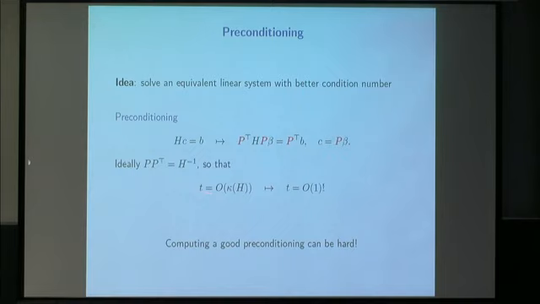Ideally, assume that we choose the matrix P such that PP transpose is equal to the inverse of H. When you solve this linear system, you go from a number of iterations that is proportional to the condition number of H to a number of iterations that is 1. Obviously, you don't want to use H to the minus 1 because it is equivalent to solving the original problem. So the question is, how can we find a good preconditioner? Because in general, it can be a hard problem.